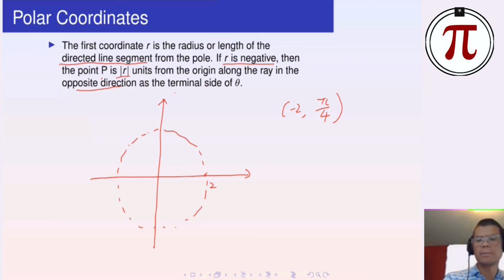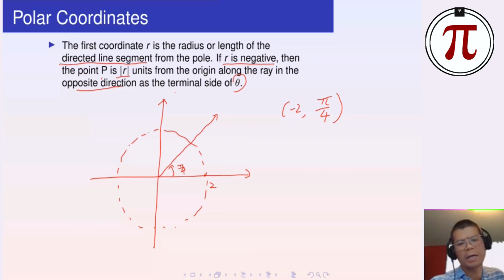This is 2, so what are you going to do? The angle is pi over 4, so you go to this angle here. This is the direction, counterclockwise pi over 4. However, since r is negative 2, you take the absolute value, 2 units from the origin along the ray in the opposite direction of the terminal side of theta.